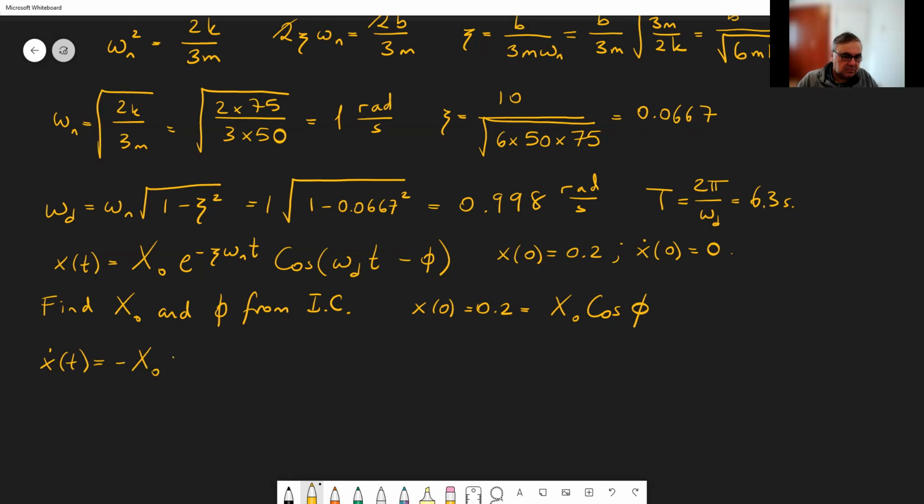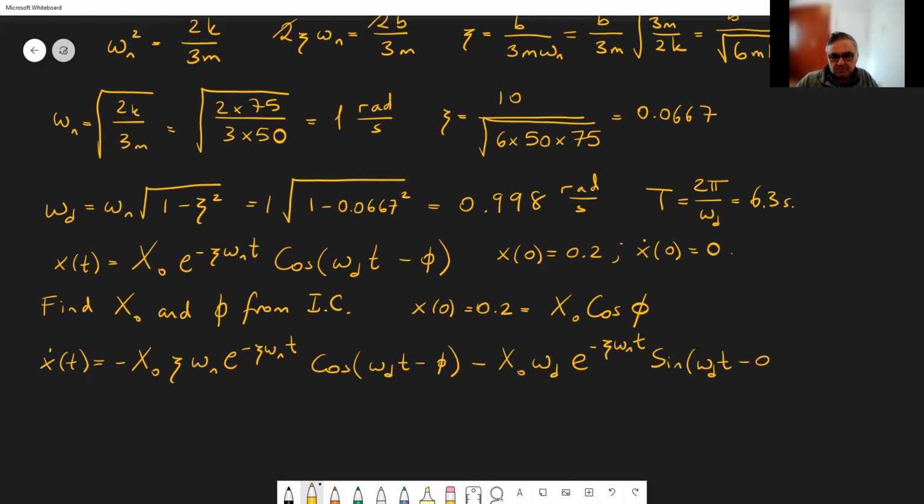Minus x0 zeta omega n e to the minus zeta omega n t cosine, minus, derivative of cosine is sine, x0 omega d e to the minus zeta omega n t sine, not cosine. So x dot of 0 is equal to what?